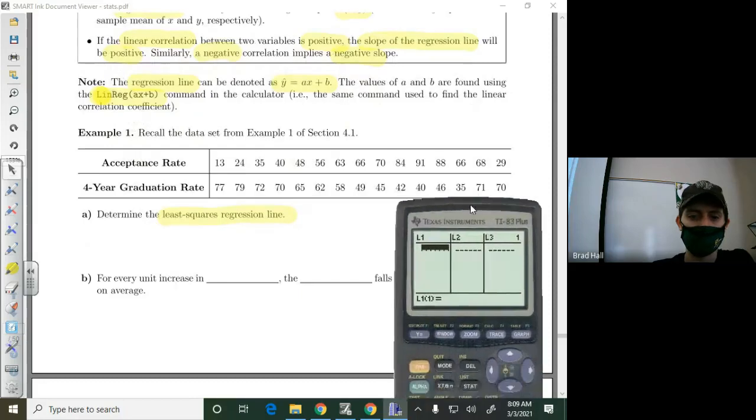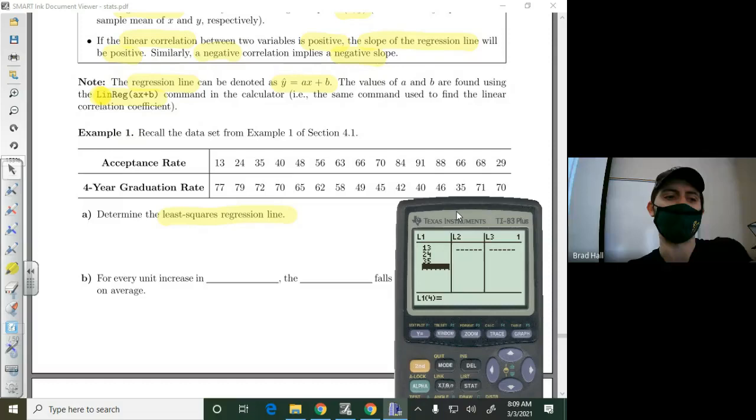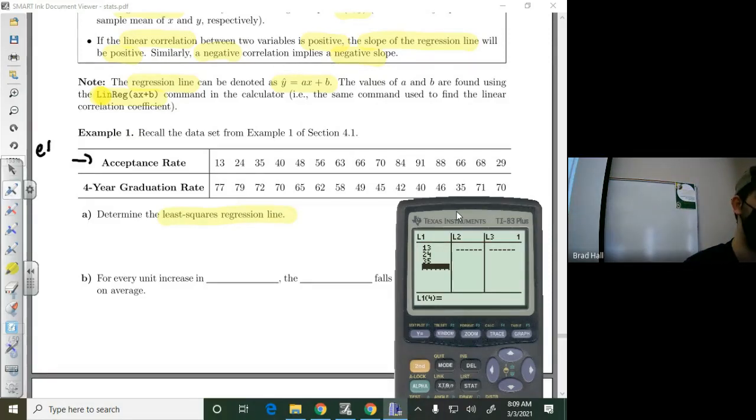So that would be the 13, 24, and all of those values here. The acceptance rate, just as a reminder, is the explanatory variable. The graduation rate is the response.